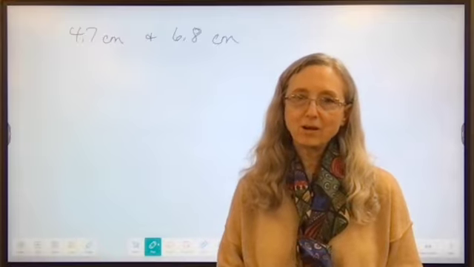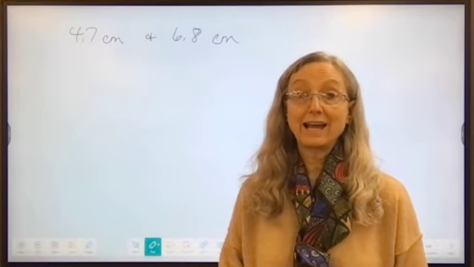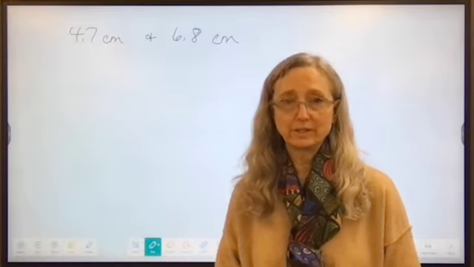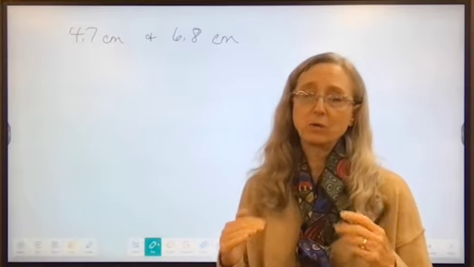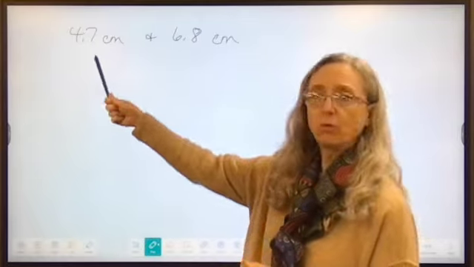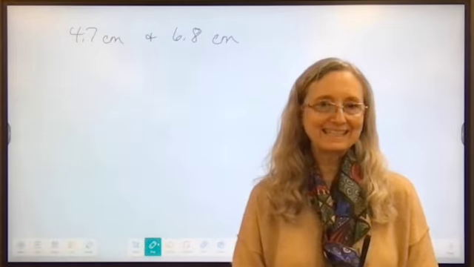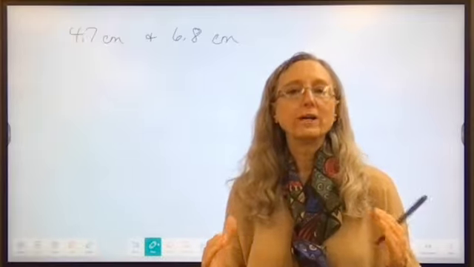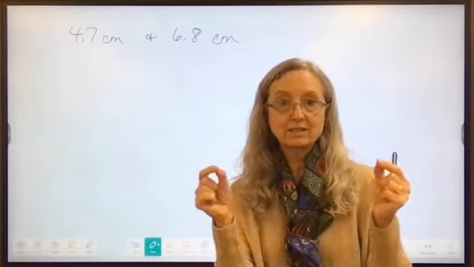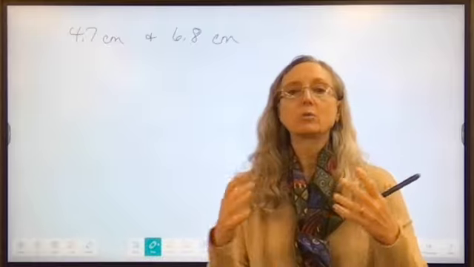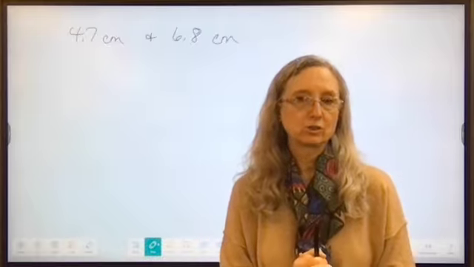Okay, this is a common type of question that you are asked regarding this triangle inequality theorem. I have 2 sticks. I want to make a triangle. One of them is 4.7 centimeters long and the other is 6.8 centimeters long. What range of lengths for my third side would be able to form a triangle?